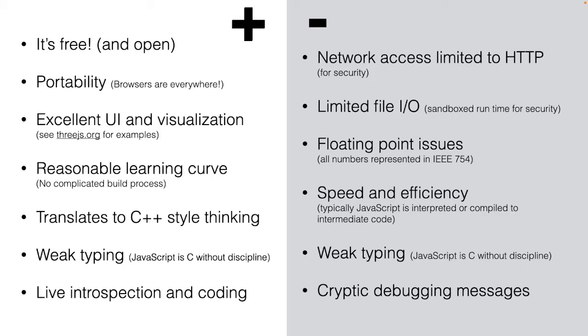Building onto that, JavaScript is also weakly typed as opposed to being a strongly typed language. Once again, this makes developing in JavaScript very familiar for C++ programmers. We have this saying here that JavaScript is C without discipline.